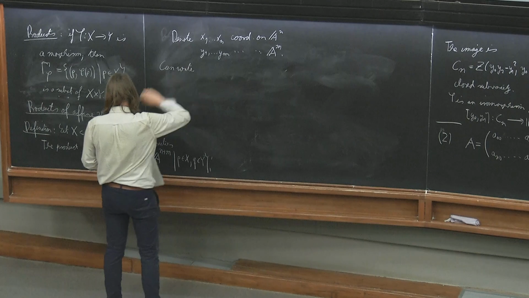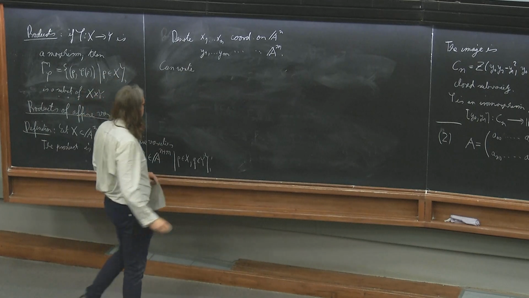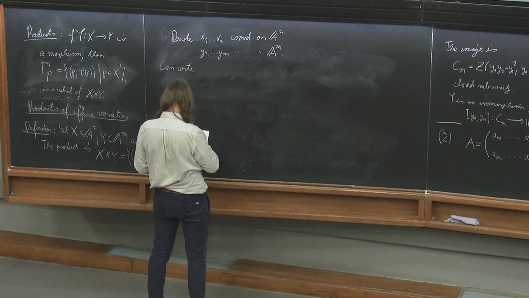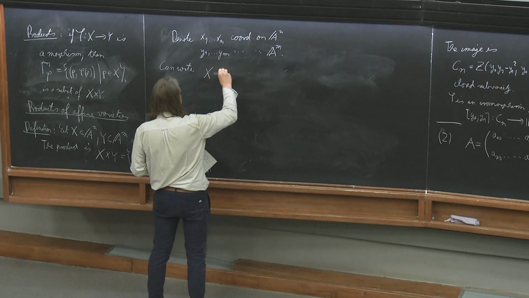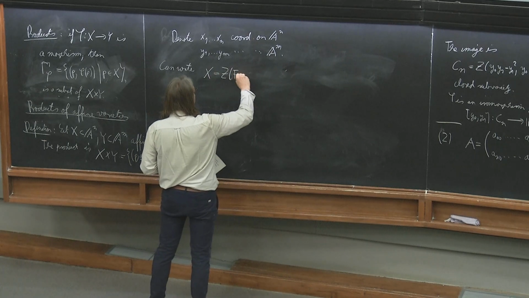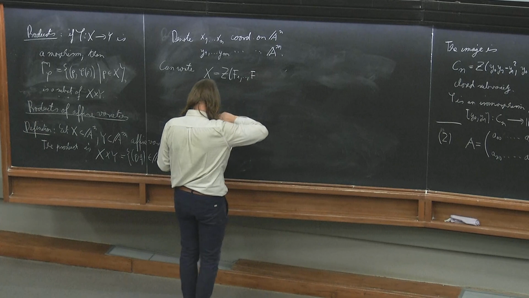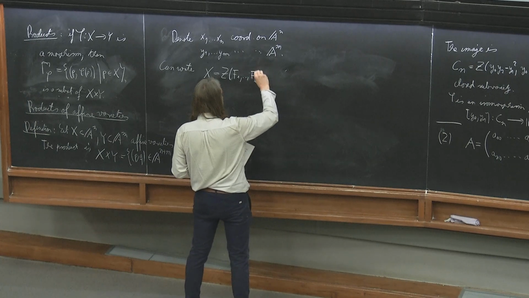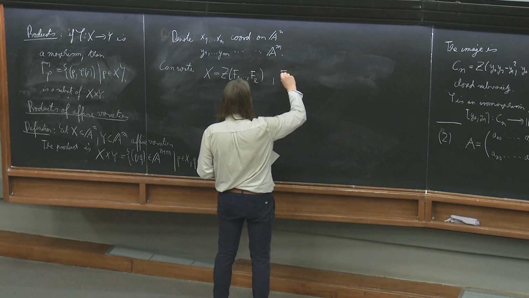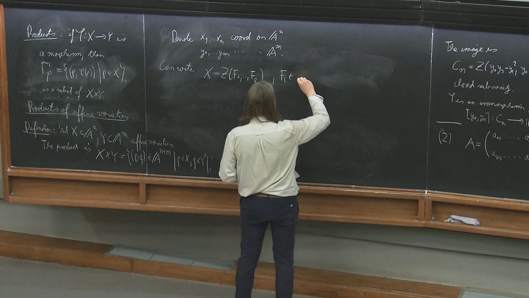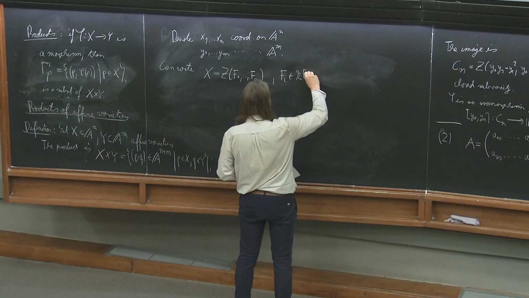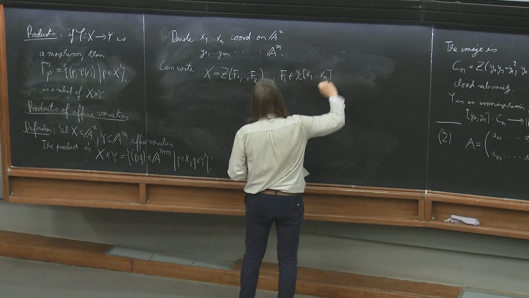Because X is closed in An, we can write it as a zero set of some polynomials. So X is the zero set of f1 to fL, where the fi are polynomials in the first set of variables.